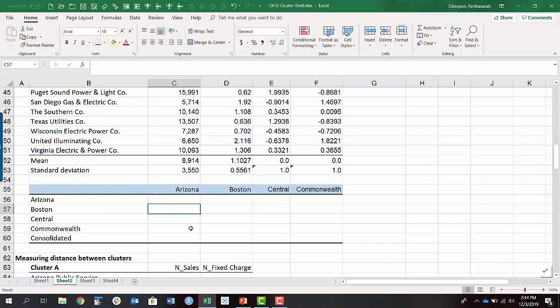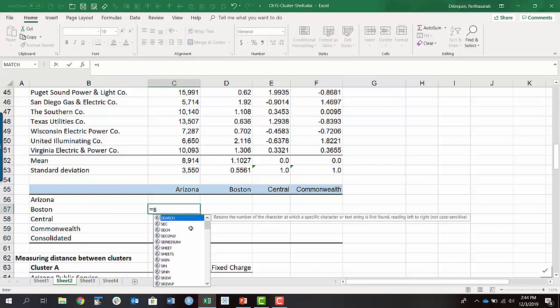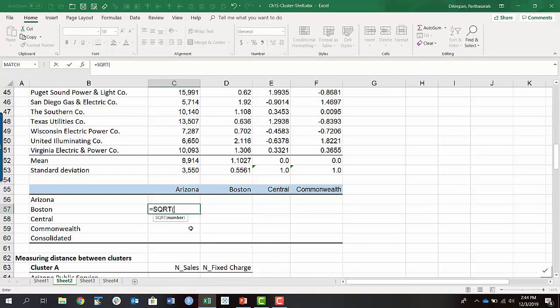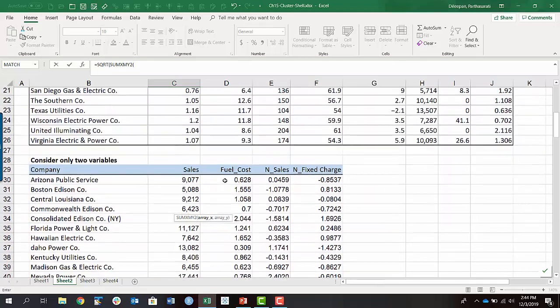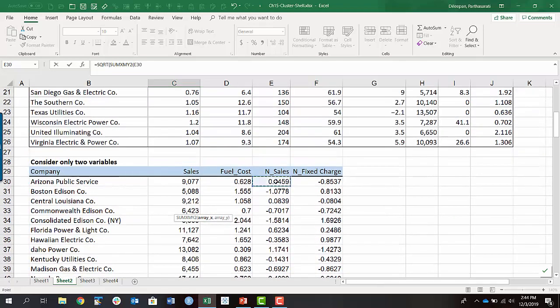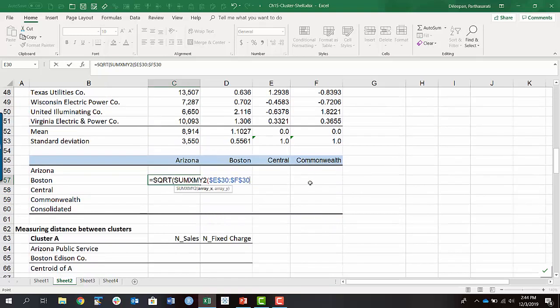All right, so now let's look at distance between Boston and Arizona. So that will be square root of sum of x minus y squared. So now we need the two ranges. So that is Arizona. I'm going to absolute reference this so we can copy this down, because Arizona to Boston, Arizona to Central, Arizona to Commonwealth, and so on.